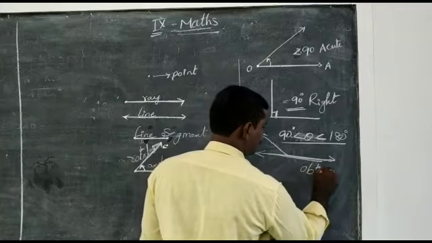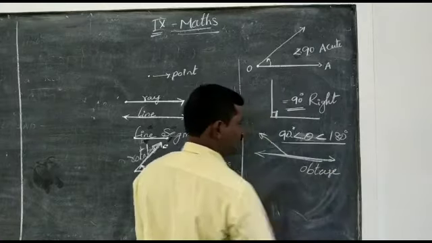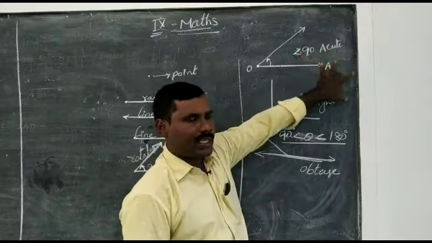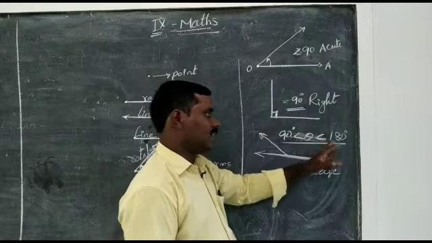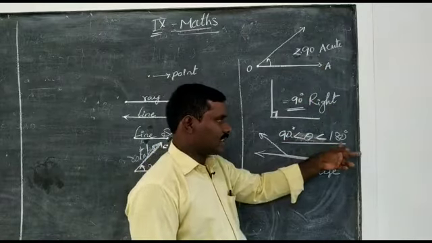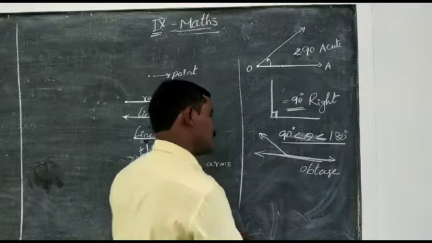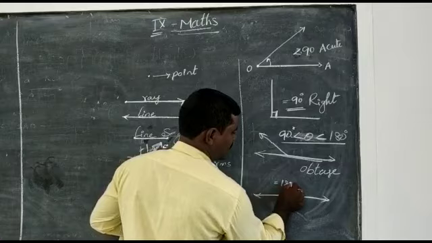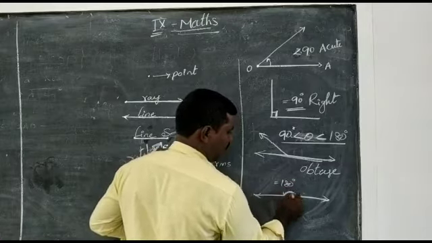An angle equal to 180 degrees is called the straight angle.